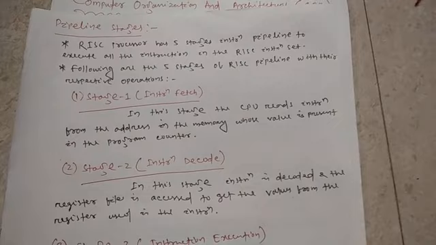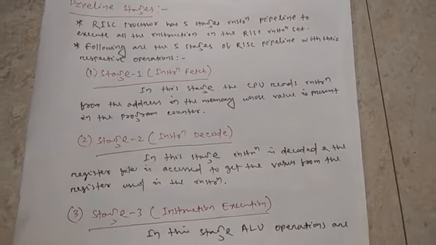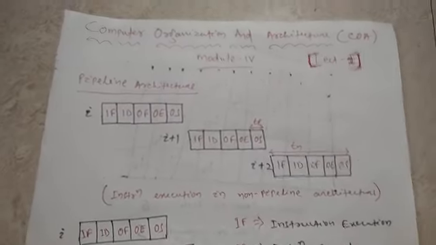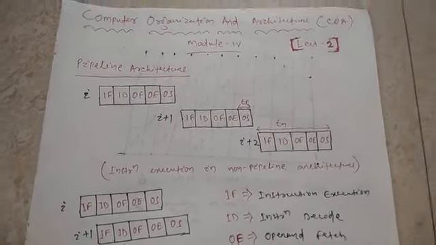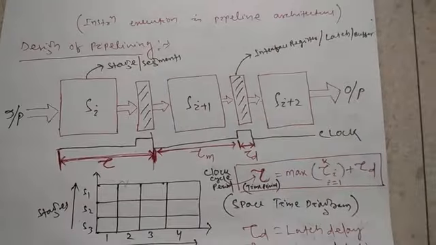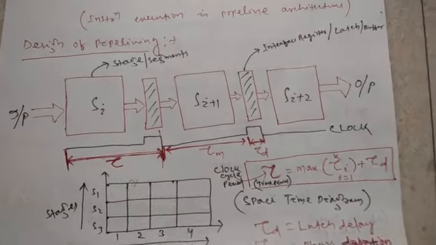So these are the 5 steps used to execute a pipeline architecture. Now in lecture video 2 we'll discuss some details again about the design of pipelining.